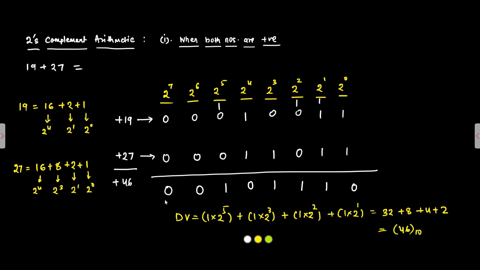The important thing is that this MSB is called the sign bit. It is 0, so it will obviously be a positive number. That's why I went directly with this. No need to attach any negative weight to the sign bit because it is 0.